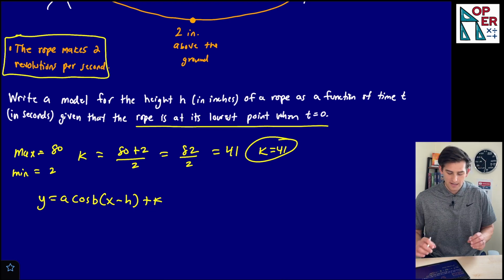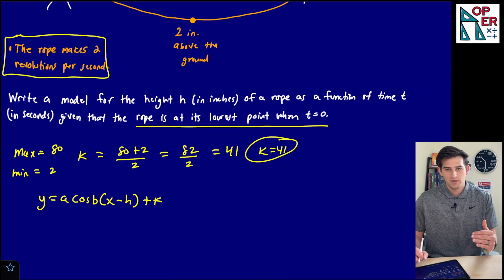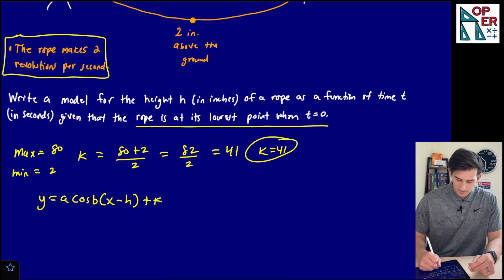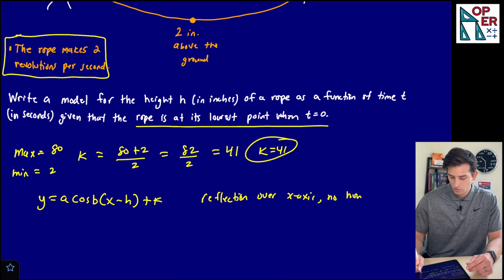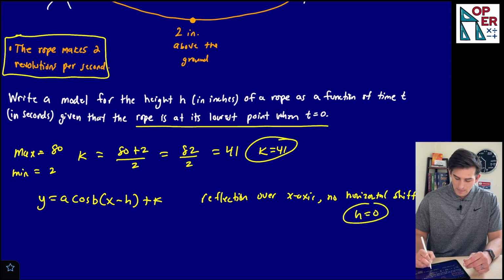But also we know that if our rope is at its lowest point whenever time is equal to 0, there's actually going to be a reflection involved here. So we have reflection over the x-axis, and there's also going to be no horizontal shift. Okay, so that means h is going to still be equal to 0, but since there's a reflection, a needs to be less than 0.